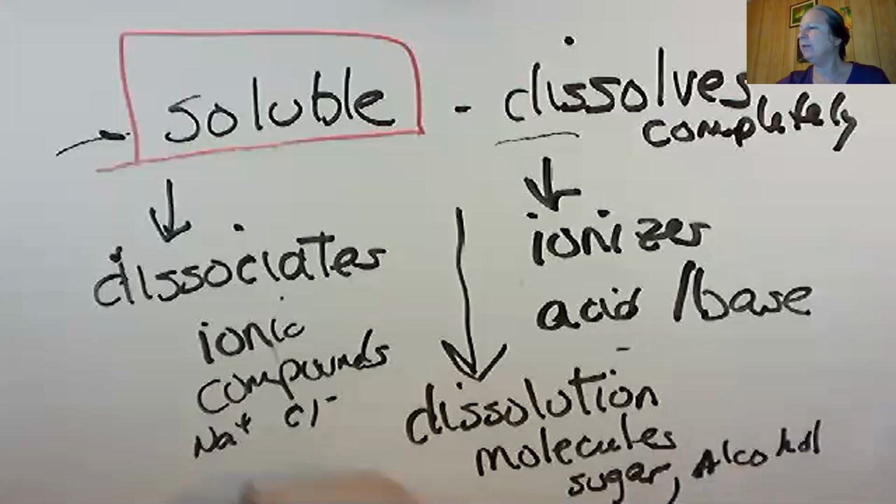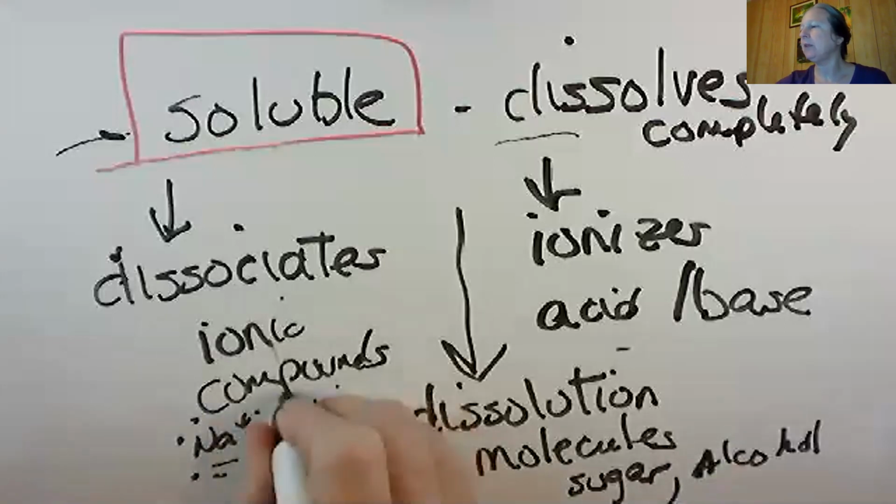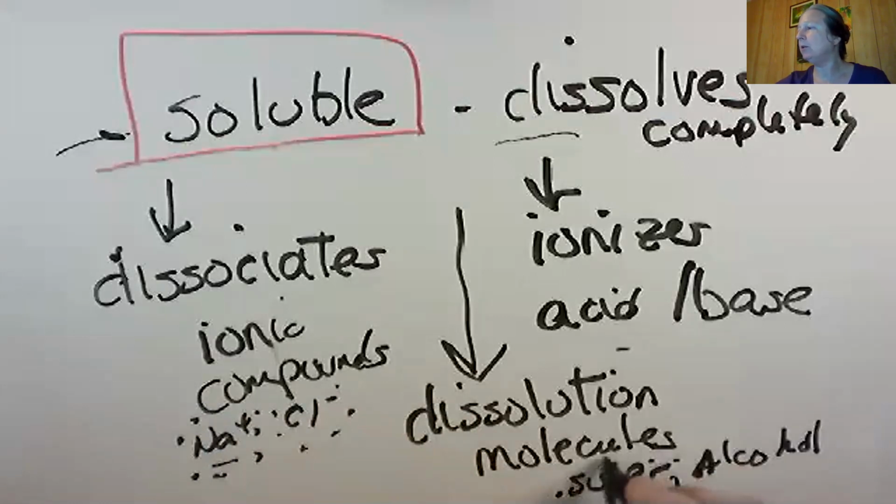So each ion is surrounded by water, right? I'm going to show you some videos of this. But here, the entire molecule, an individual molecule, is surrounded by water. And this is usually alcohols and sugars, the examples we're going to give you most of all.